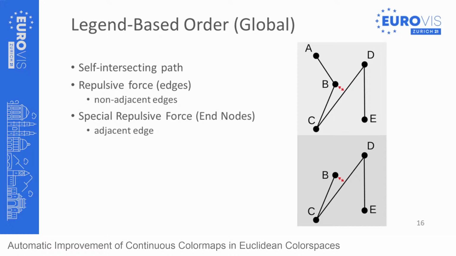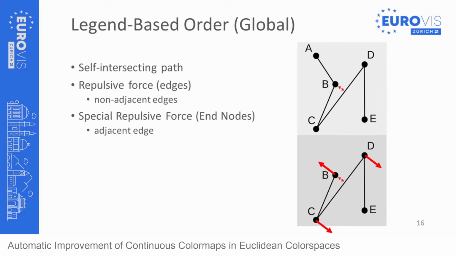At the other example, this is not the case, and the current state of the algorithm would not solve the problem. Therefore, we add an extra repulsive force, which only affects the graph end nodes. Here we check the end node with the adjacent edge. In case of an order break, the force will apply on the end node and both nodes of the adjacent edge.